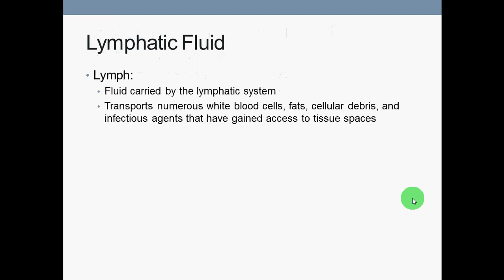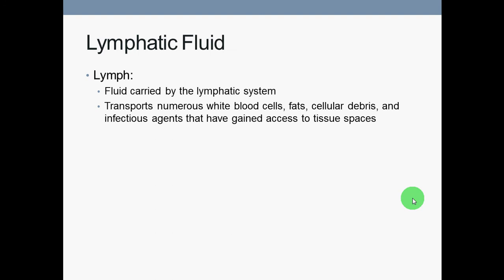Lymph is the fluid that travels through your lymphatic system, and it can transport all kinds of things. It can transport white blood cells that we'll talk about are involved in the immune system. It can transport fats and cellular debris.